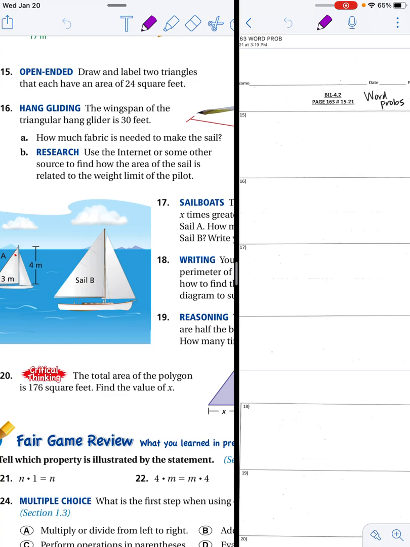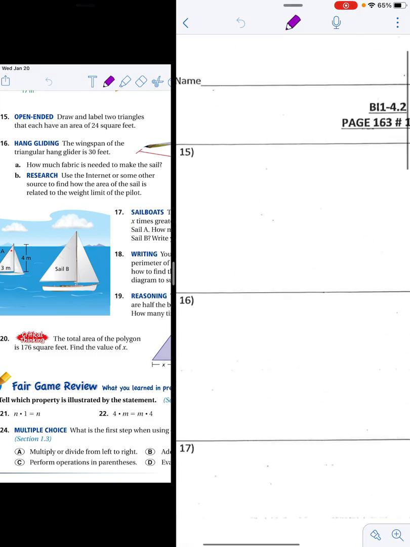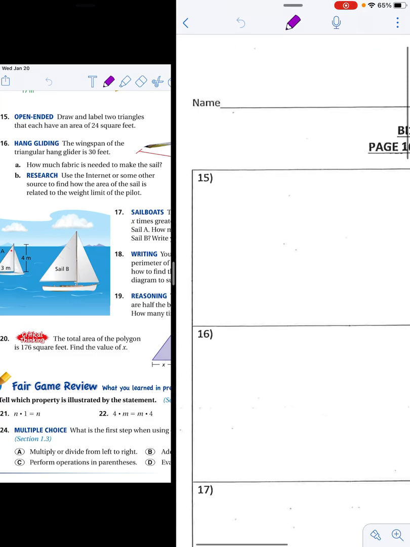If it has an area of 24 square feet, remember the area is base times height divided in half. So when you divide by 2, you get 24, the base times height is going to have to equal 48. So if we're thinking about some ways to get to 48, factors of 48: 1 and 48, 2 and 24, 4 and 12.